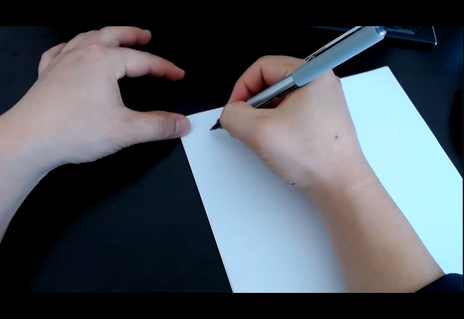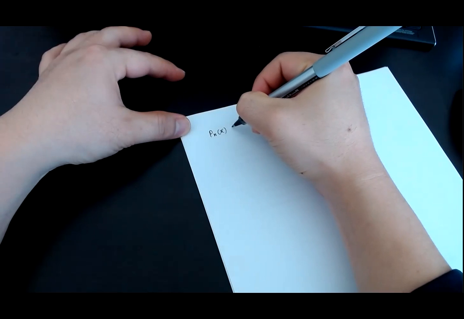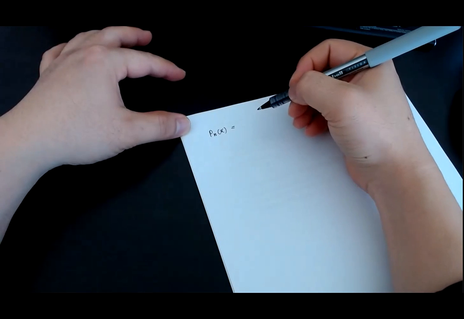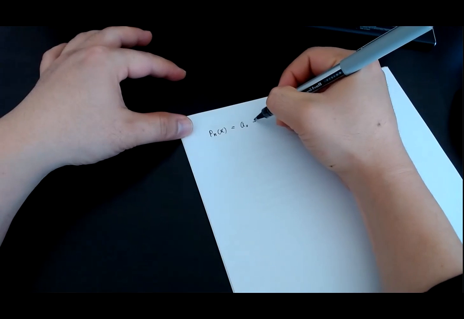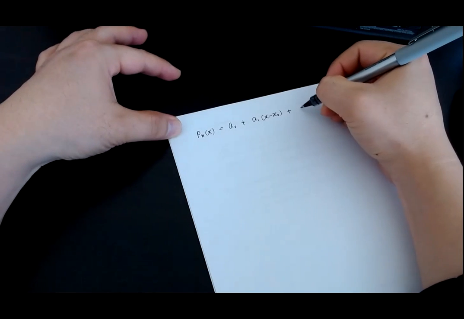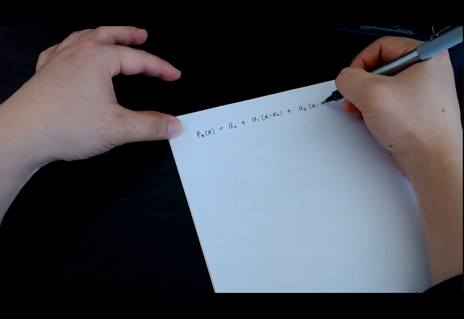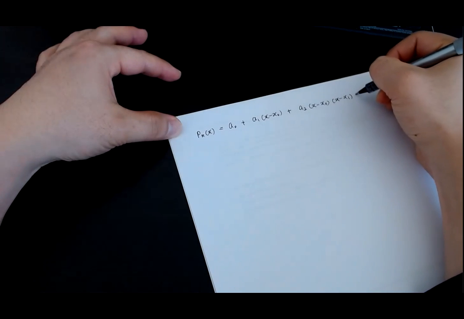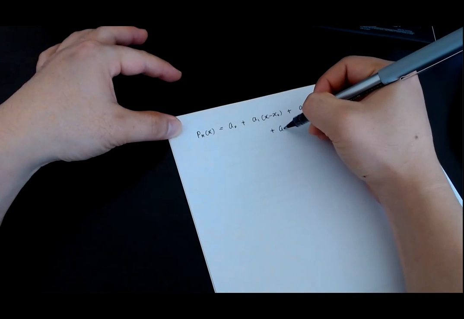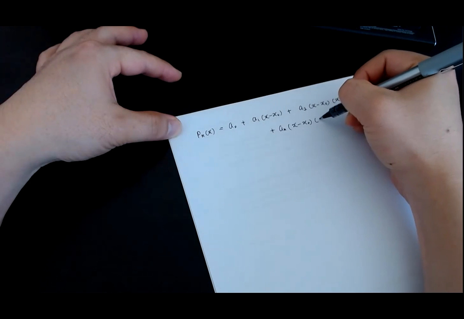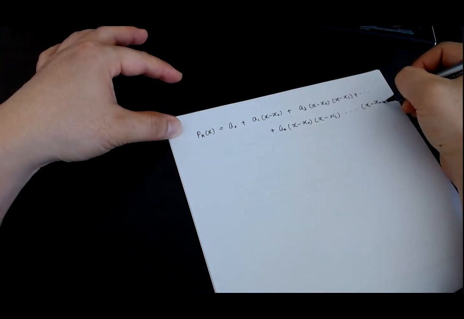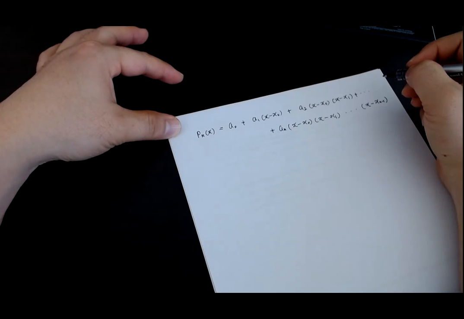So Pn of x was this: a0 plus a1 times x minus x0, plus a2 times x minus x0 times x minus x1, plus and so on, plus an times x minus x0 times x minus x1 through x minus xn minus 1. Remember that?